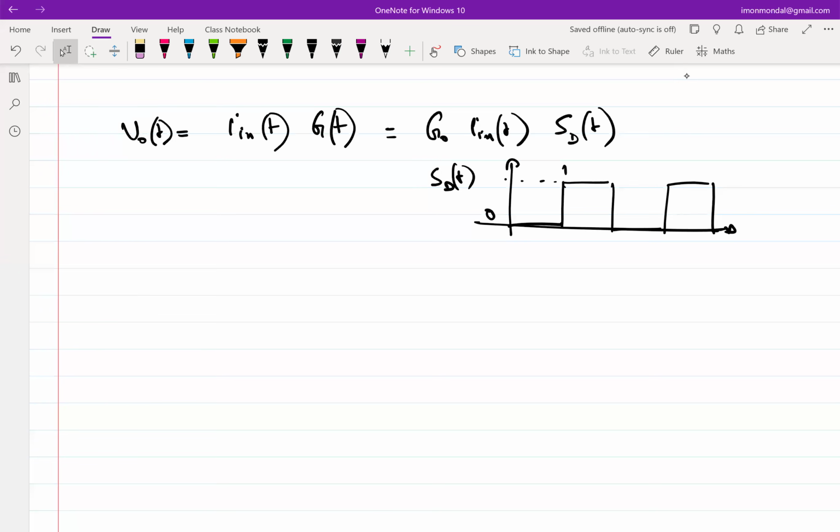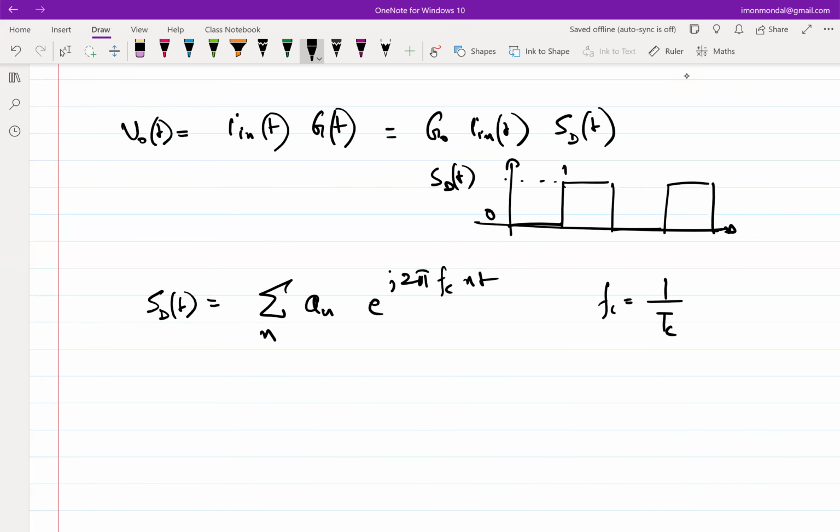We know that this is periodic, so SD of t will be a summation of some an e to the power j 2 pi fc times nt, where fc is 1 over tc, where tc is the period of ST. When I say period, I essentially mean the fundamental period, the minimum amount of time for which it is periodic.